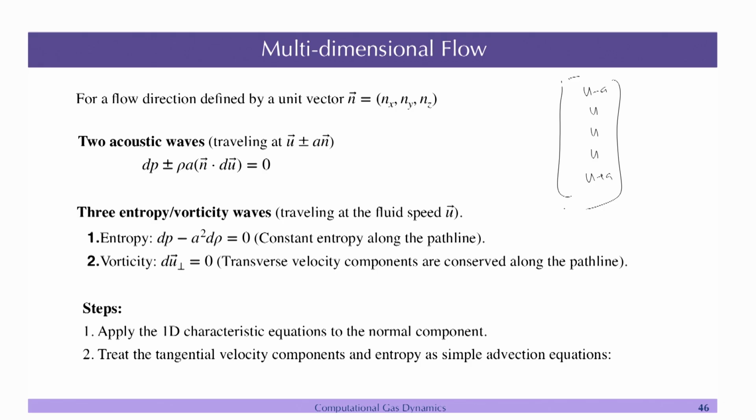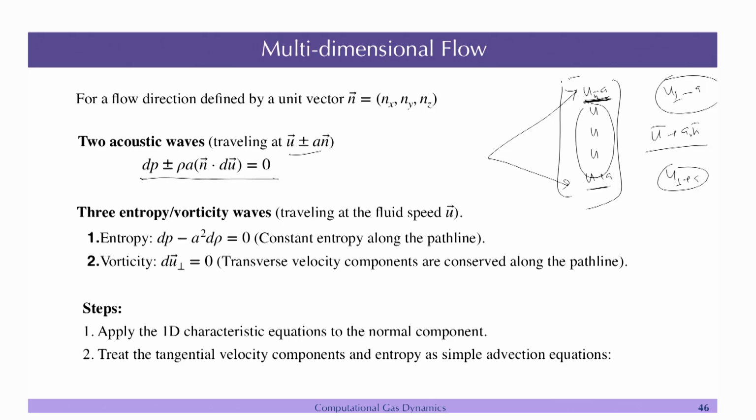There are still 2 acoustic waves, u minus a and u plus a, and I think I should call it u n minus a, or if you want to talk about vectors, u plus a n. So what you are talking about is the normal value. You calculate u perpendicular minus a or u perpendicular plus a, these are the 2 eigenvalues, and then you also have the 3 which are traveling at the speed of u.